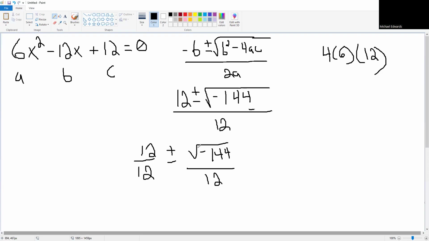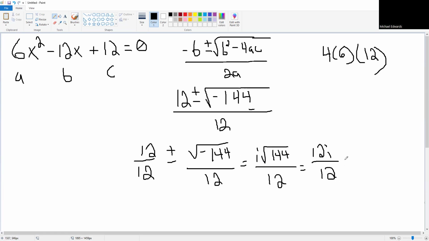We can rewrite just this section as i times the square root of 144. And what's the square root of 144? Well, it's just 12. So this is over 12 still. So this will be 12i over 12, which is essentially just i.